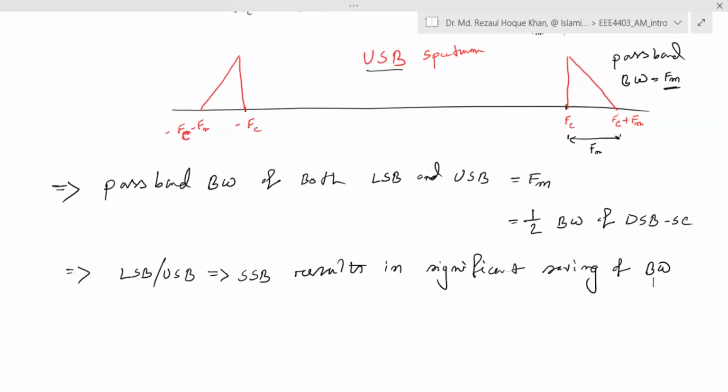So now, the improvement we get from saving bandwidth. What does that mean?